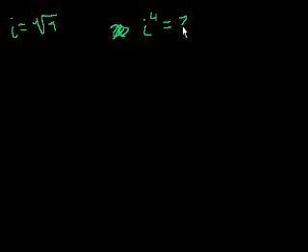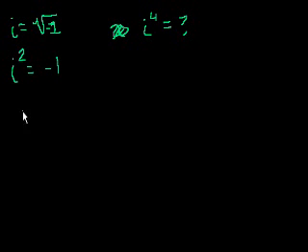They say if i is equal to the square root of negative 1, which is a definition that we've all learned, what is the value of i to the fourth? Well, let's say you've never seen i before in your life, and let's think about it. If i is equal to the square root of negative 1, let's square both sides of this equation. i squared will be equal to negative 1.